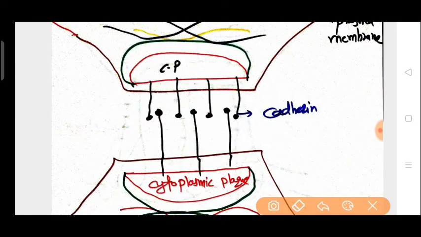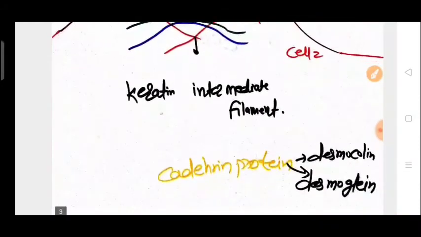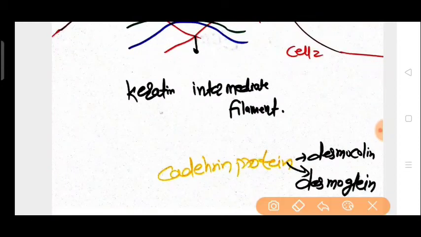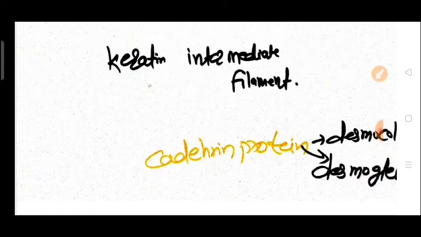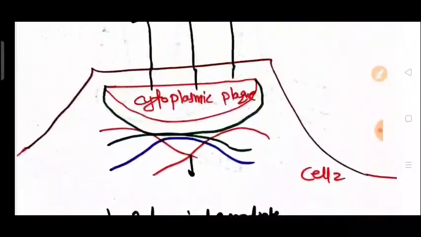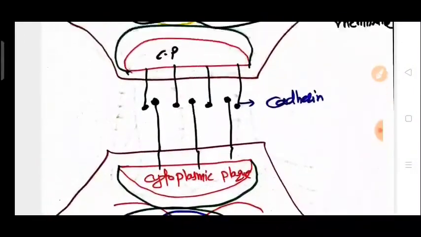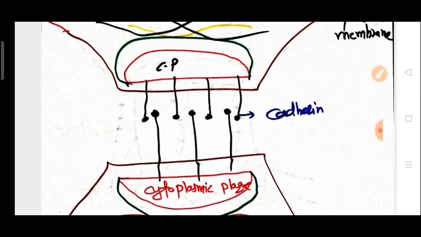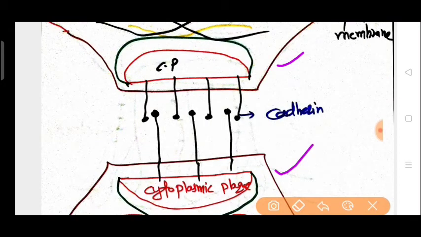Now desmosomes contain two specialized cadherin proteins. What are their names? The cadherin proteins are desmocollin and desmoglein. So through the extracellular domains, cadherins are responsible for holding one cell to another cell, or you can say cell to cell.